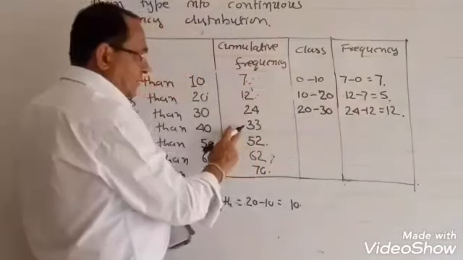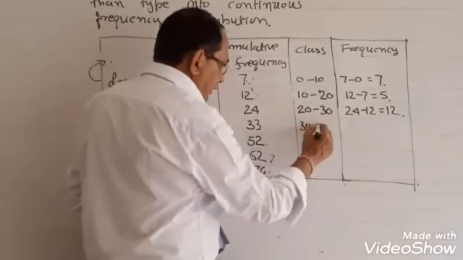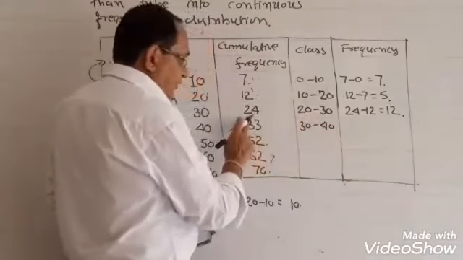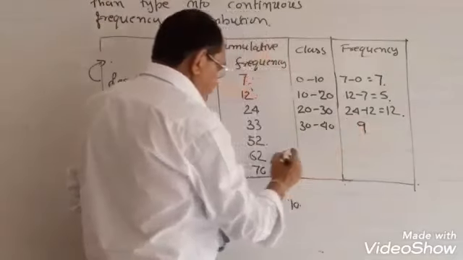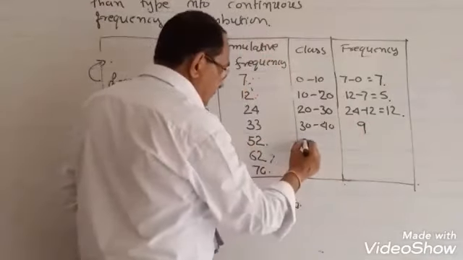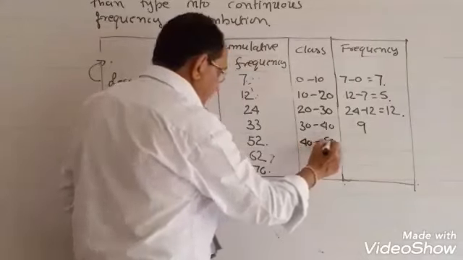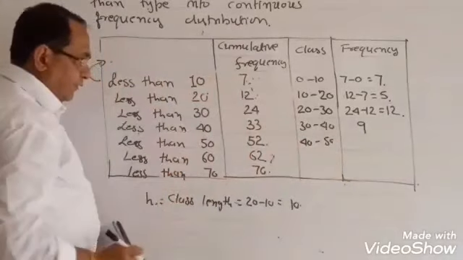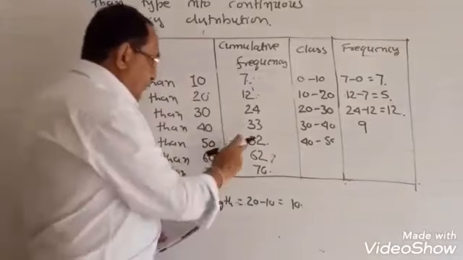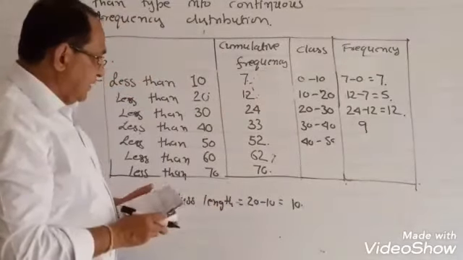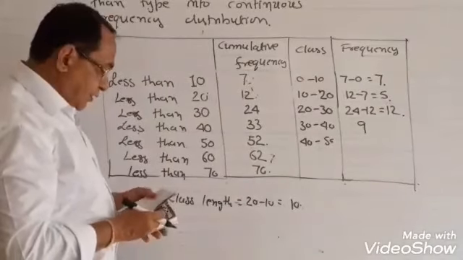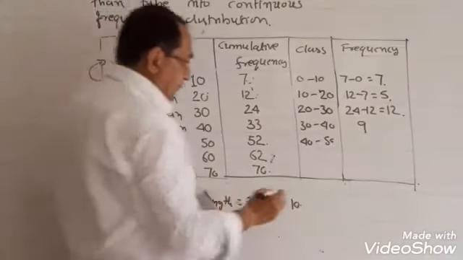Then 30 to 40, 33 minus 24, 9. Then 40 to 50, how many students are there? 52 minus 33 is equal to 19.